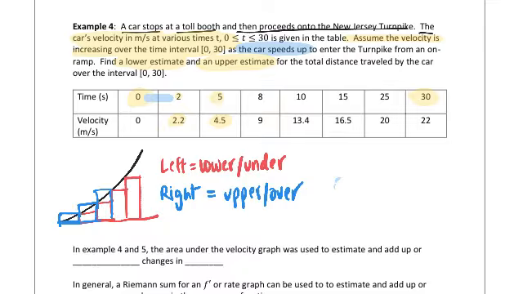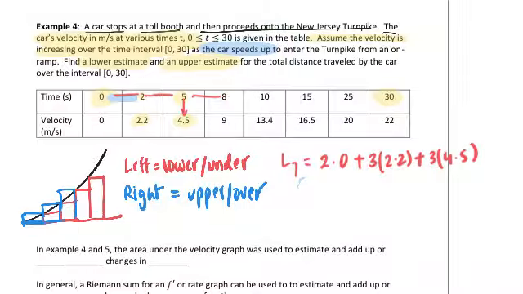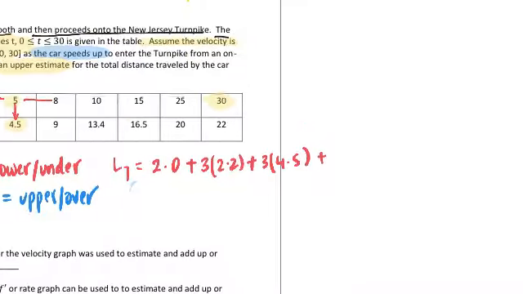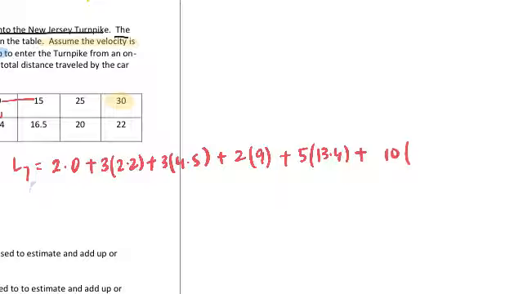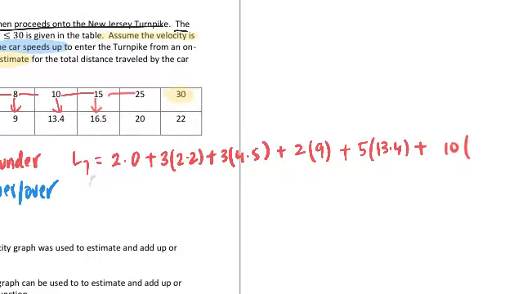So you have to do 2 times 0, plus 3 times 2.2, plus 3 times 4.5, plus 2 times 9, this is the left one, plus 5 times 13.4, plus 10 times 16.5, plus another 5 times the last piece here, which is 20.